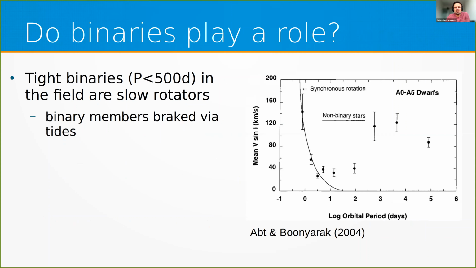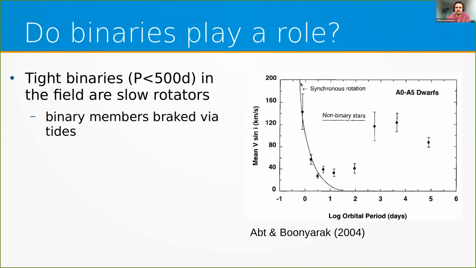And the first idea was that maybe binaries play a role, because it has been observed in the field, for example, by Abt and Boonyarak in 2004, that tight binaries with periods of the order of 500 days or less are typically slow rotators. So here you see the mean V sin i of A dwarfs in binaries as a function of the orbital period. And you see a clear drop in V sin i as you approach shorter periods.